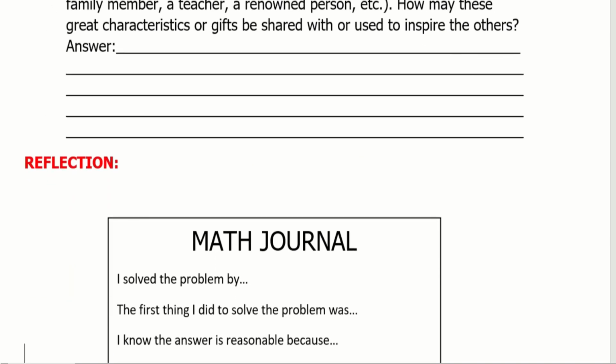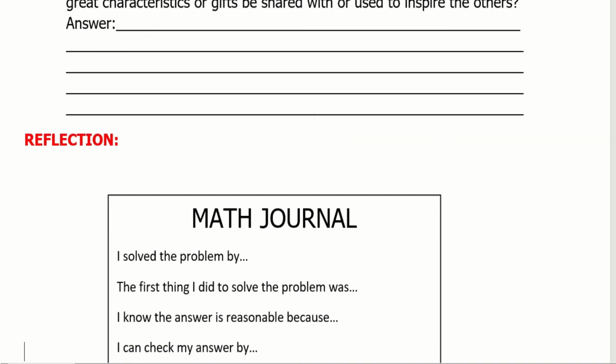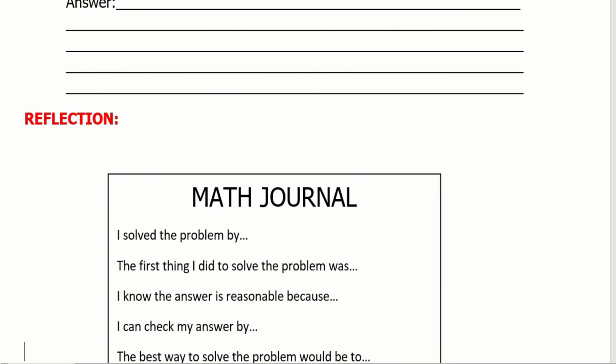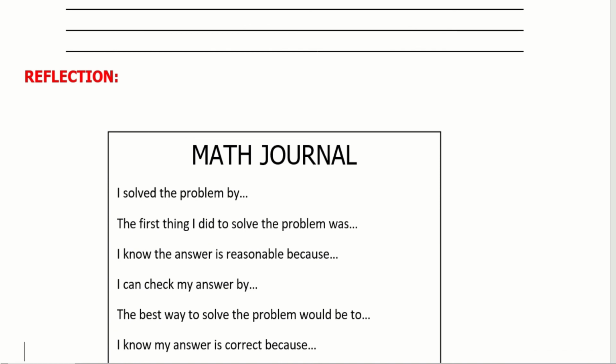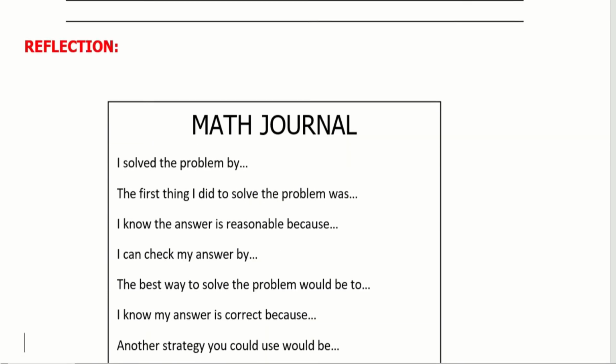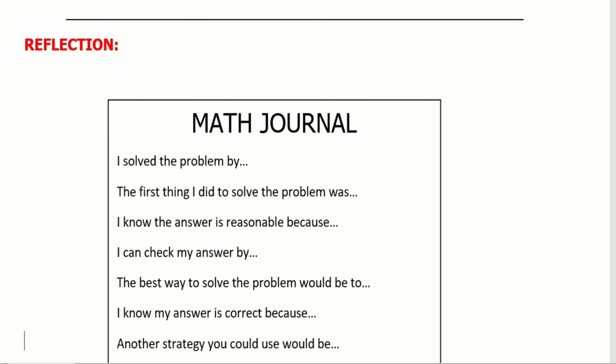This is the math journal for the teacher. So math journal, it is a daily written form, maybe a day-to-day journal, and then we have: I solved the problem by; the first thing I did to solve the problem was; I know the answer is reasonable because; I can check my answer by; the best way to solve the problem would be to; I know my answer is correct because; another strategy you could use would be.